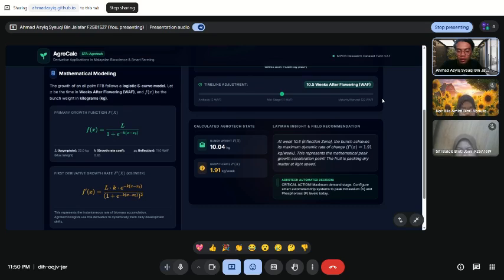However, the static weight alone cannot guide precision agriculture. To execute precision fertigation, we need to know the instantaneous growth rate. This is where calculus comes in.